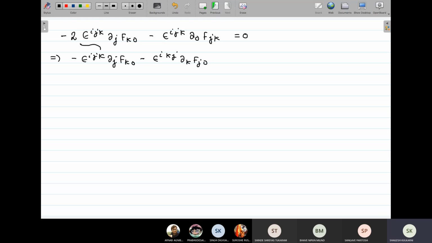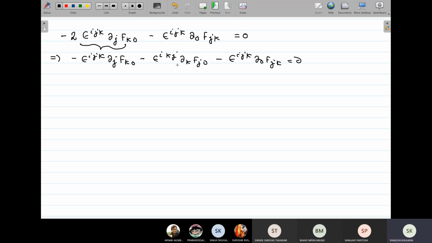This term I have written in terms of these two terms: minus epsilon ijk ∂_j f_k0, minus epsilon ijk. I use just dummy indices, the fact that j and k are dummy, so this term is actually the same as this one. Minus epsilon ijk ∂_0 f_jk is equal to 0.